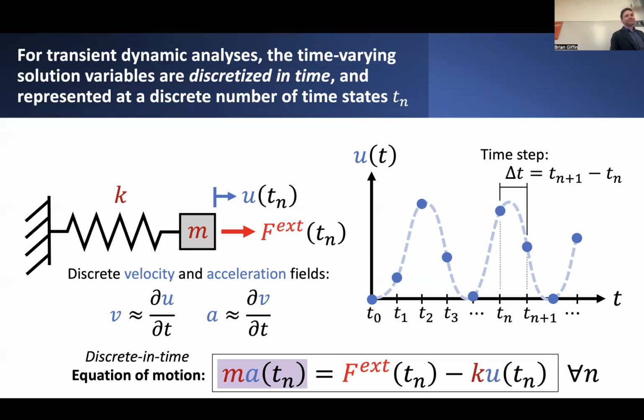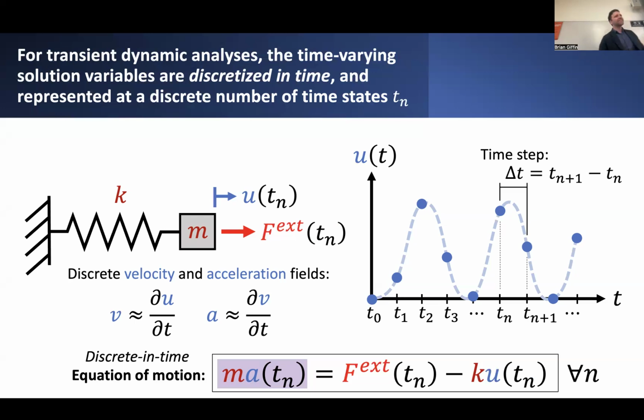But now in the discrete in time case, I actually have to introduce additional independent variables characterizing both the velocity and the acceleration of the structure. So I have now two new unknowns that I have to solve for at each distinct time step as well.